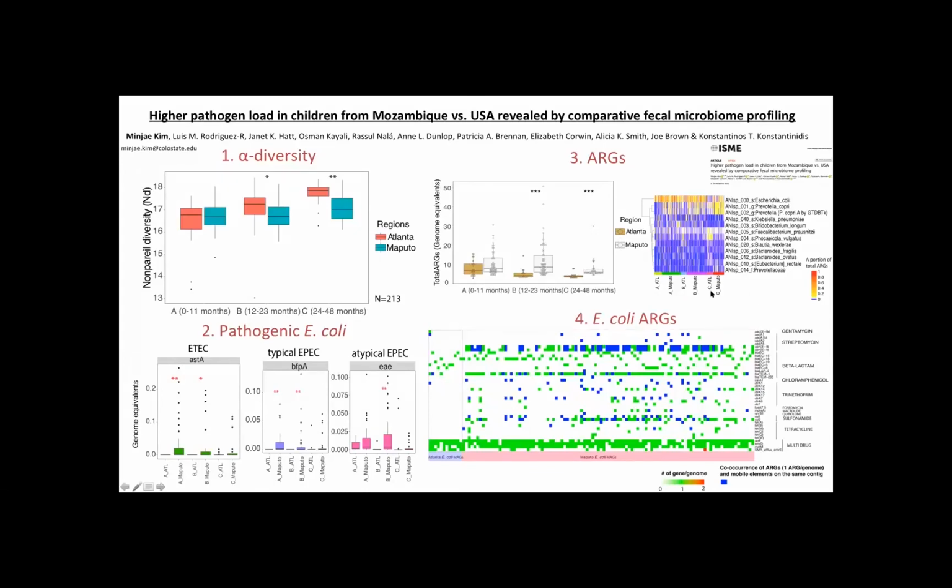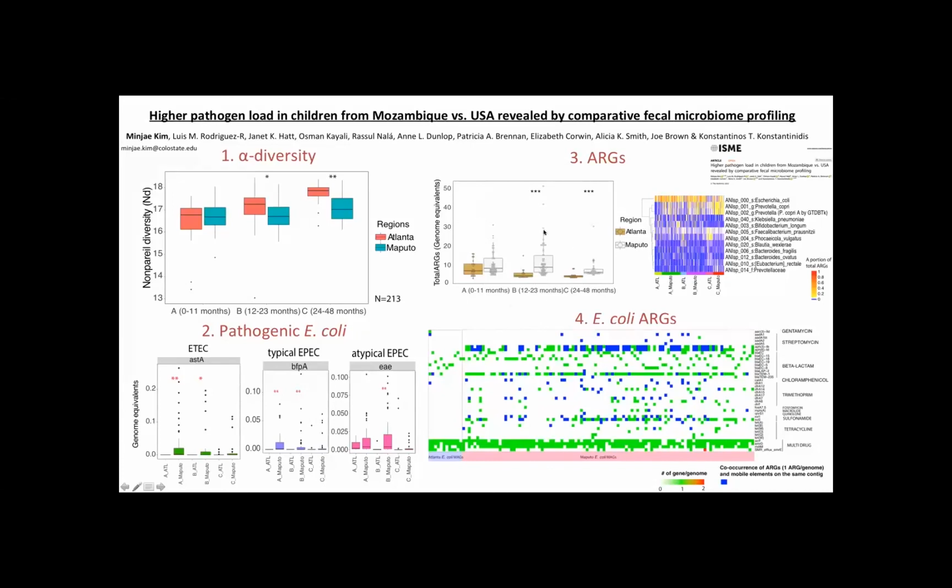Next result is related to the antibiotic resistant genes, and this is a global health problem, and high prevalence of antibiotic resistant genes in the gut might be related to the presence or outbreaks of antibiotic resistant pathogens. We use a tool called DeepARG that can predict ARGs from short metagenomic reads based on a deep learning model.